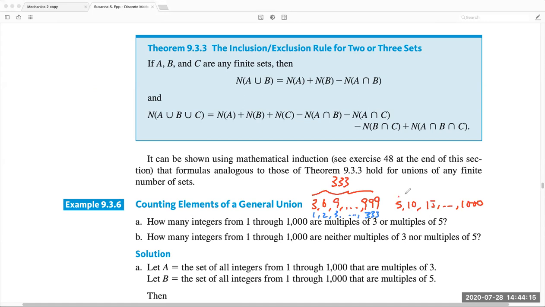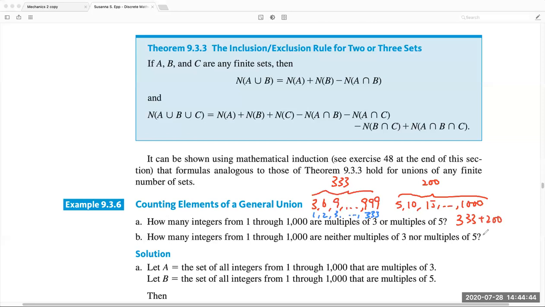So you can do it in a similar way, okay? How many integers are in 5, 10, 15, up to 1000? You divide every number by 5, you get 200, okay? So is the answer 333 plus 200?